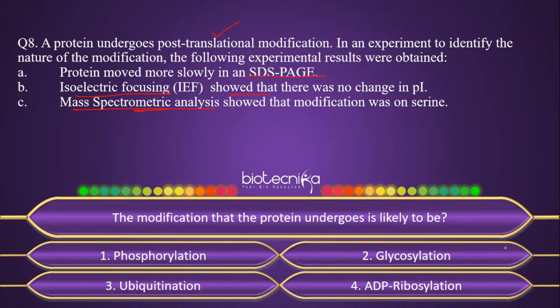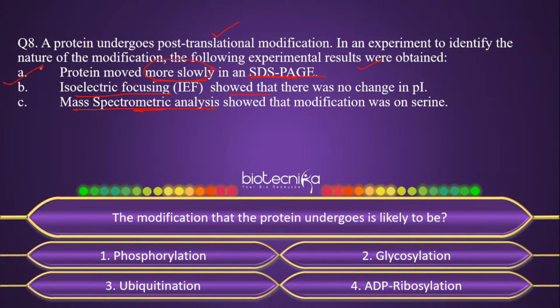What happens in phosphorylation? A phosphate group is attached, right? Just pay attention to the results. The protein moves more slowly. In SDS-PAGE you can separate proteins according to molecular weight, right? So if it moves more slowly, it must have a high molecular weight.